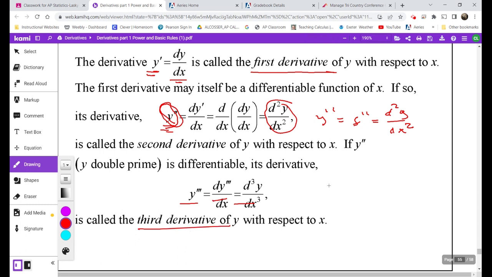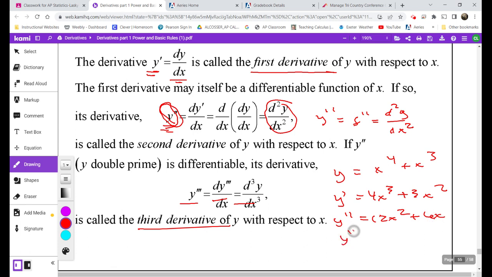So let's just take y equals x to the fourth plus x cubed. Y prime, 4x cubed plus 3x squared. Y double prime, 12x squared plus 6x.